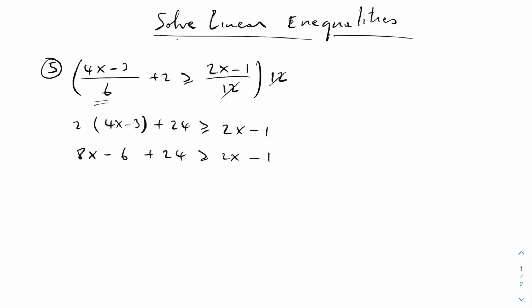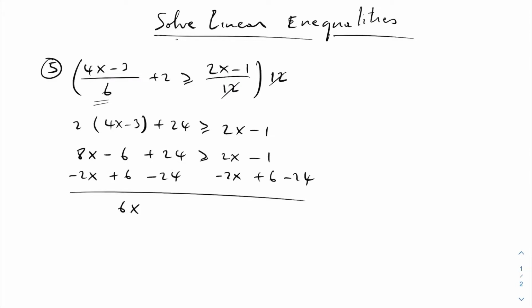And so now we need to isolate the variable x on one side of our inequality. So we're going to do negative 2x on both sides. Then we're going to kick out all the non-x terms from the left side of our inequality. So we're going to do plus 6 on both sides and also negative 24 on both sides. With that, we have 8x minus 2x giving us 6x.